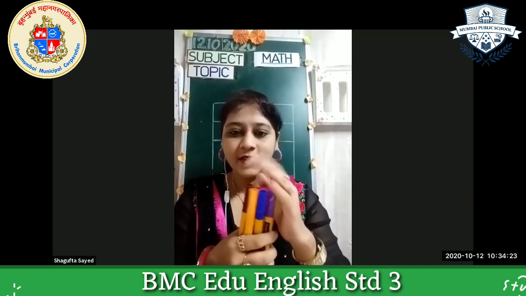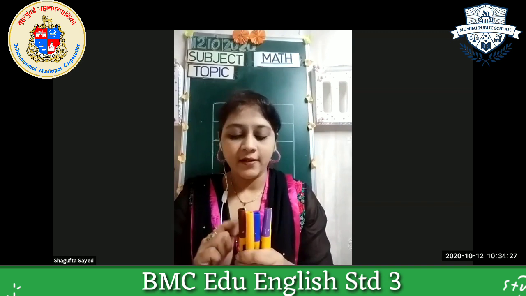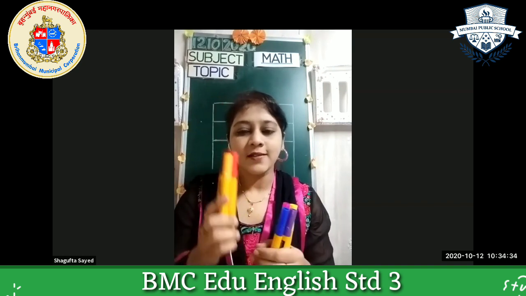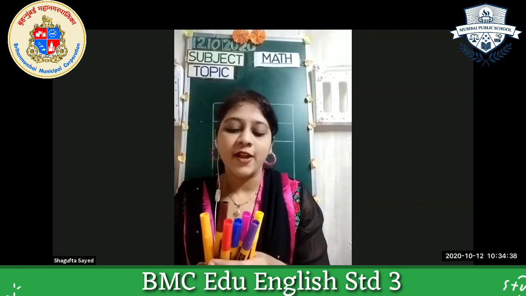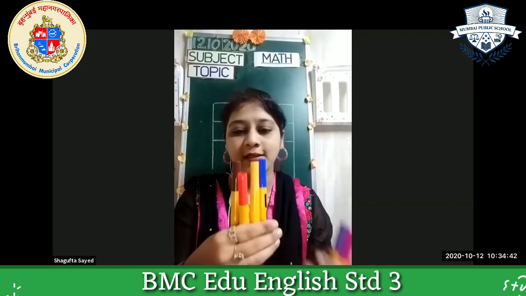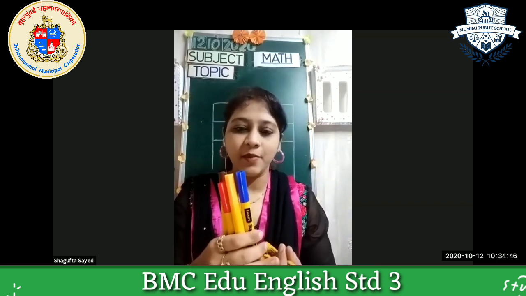I have 7 sketch pens with me. Now, my friend needs a sketch pen. I am going to give her 3 sketch pens. Out of 7 sketch pens, if I give my friend 3, how many sketch pens are left with me? You can answer in your chat box.